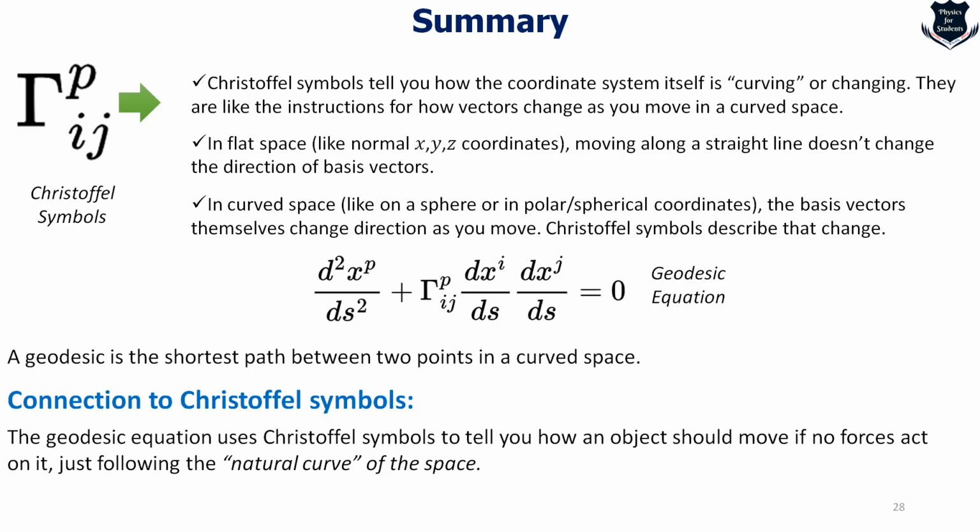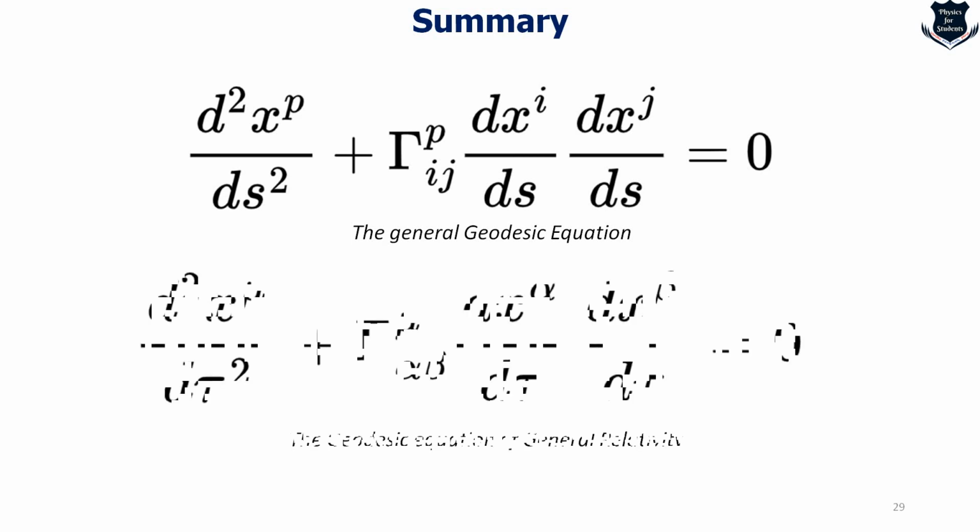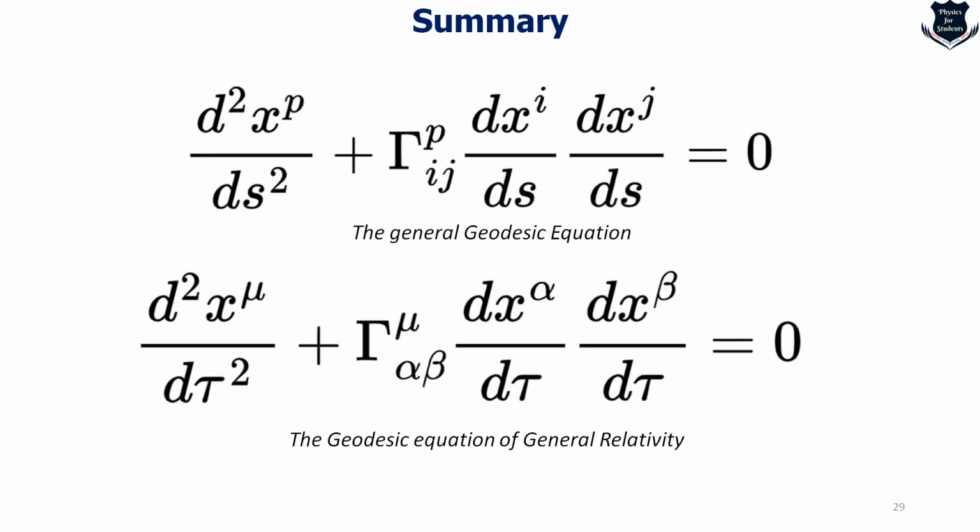Now here I would like to tell you that I have actually avoided two concepts which I will explain in the next part of the video, one called the Levi-Civita connection, which I will talk about later. So now you can see that this is the general geodesic equation, which is a geometric form taught in ordinary courses of differential geometry, and this is the geodesic equation used by Einstein in general theory of relativity.